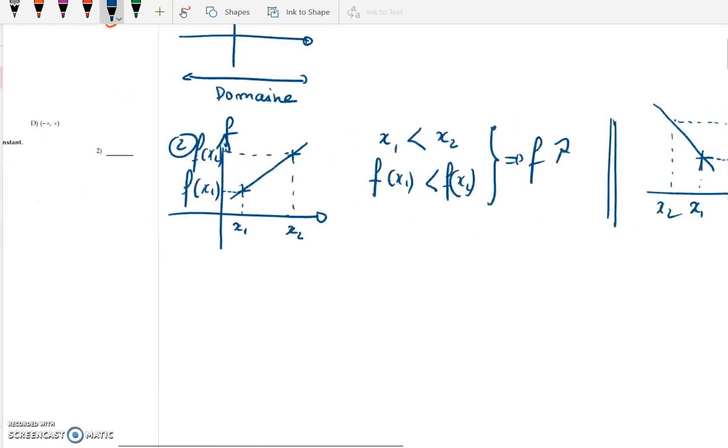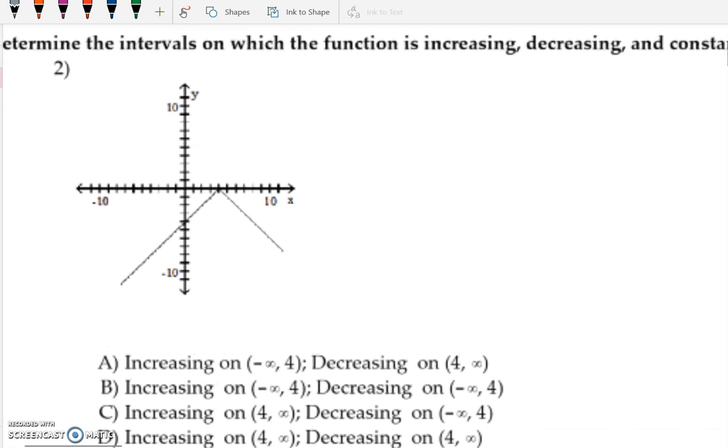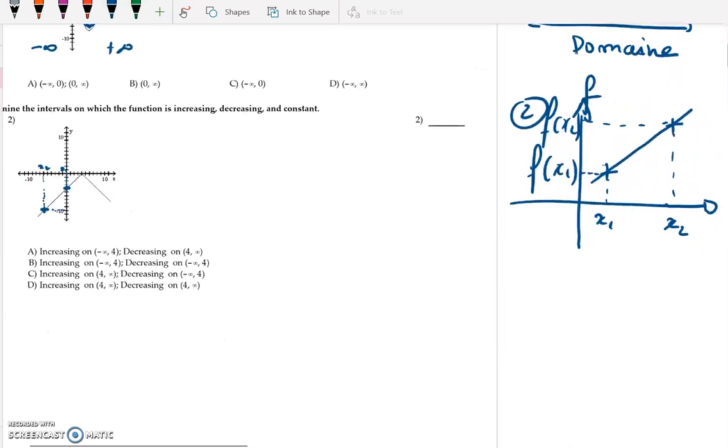So if I look now at my graph, what do I have? I'm going to zoom on the graph, and I'm going to take 2 points. First of all, I'm going to take a point right here, and another point right here. So we have 2 values of x, x1 and x2, and now let me rewrite that in a better place.